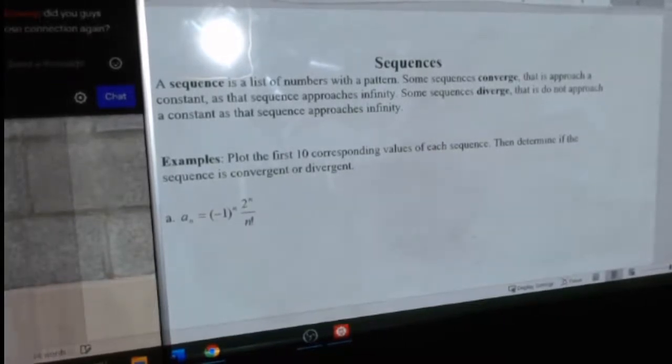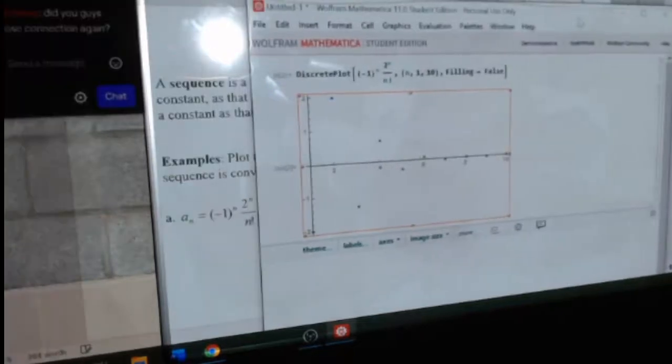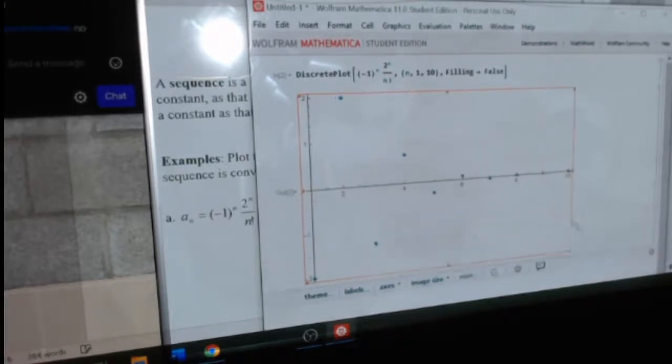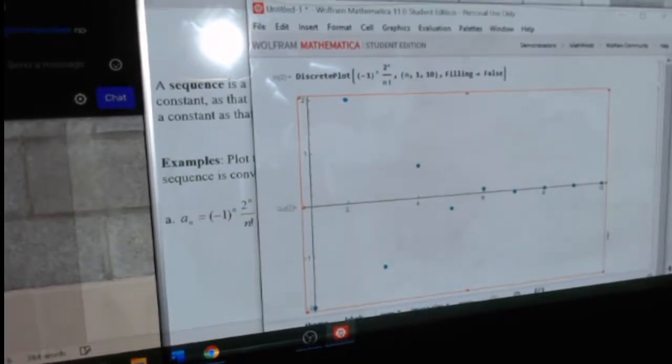Great, so let me just drag this onto the screen. So there's Mr. Wolfram. That is our sequence right there.